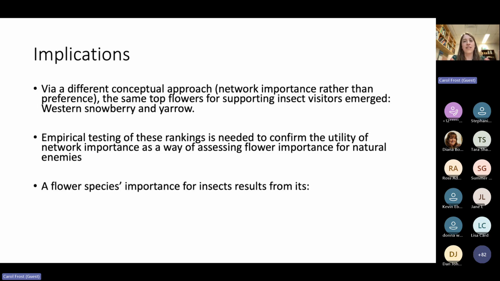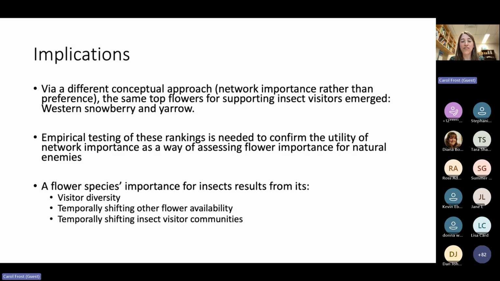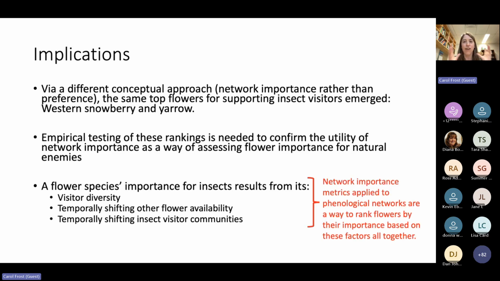But what this concept is basically is that a flower species' importance for insects results from its visitor diversity, the temporal shifting of availability of other flowers, and the temporal shifting of insect visitor communities. So network importance metrics actually wrap up all these complexities into a nice package.